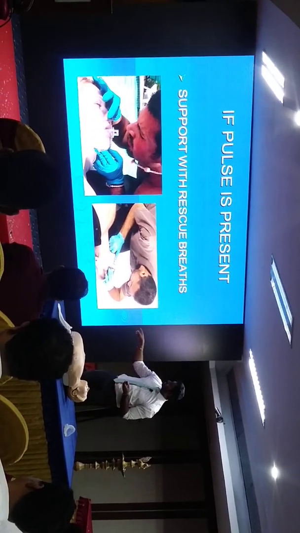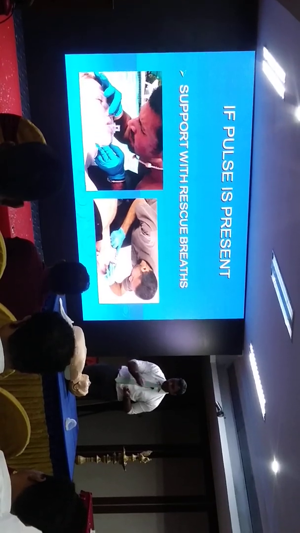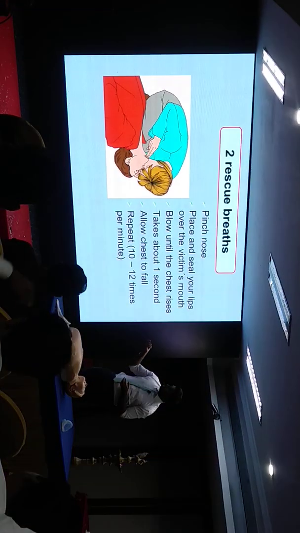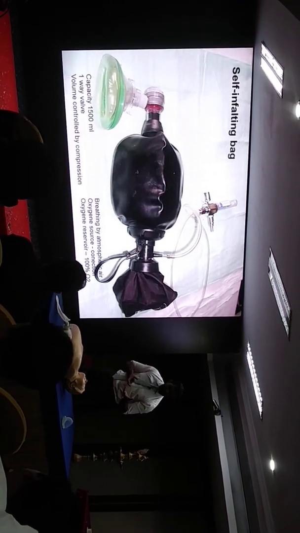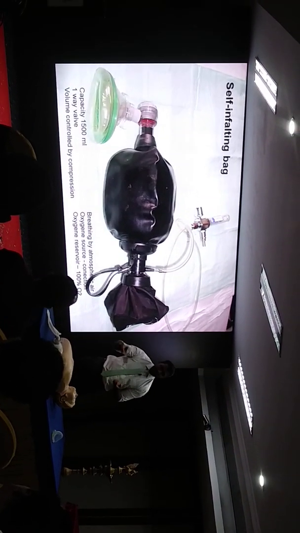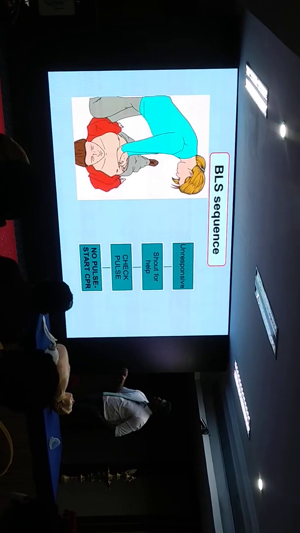So we have these devices. There will be a small mouthpiece or a mask where you can blow through the mouth. This is the mouth to mouth respiration. And we have something called an ambu bag, rescue bag, which will be there when the paramedics arrive. With that also we can give rescue breaths. These are all when the pulse is present.